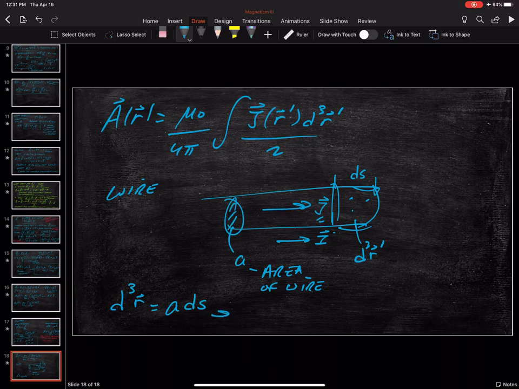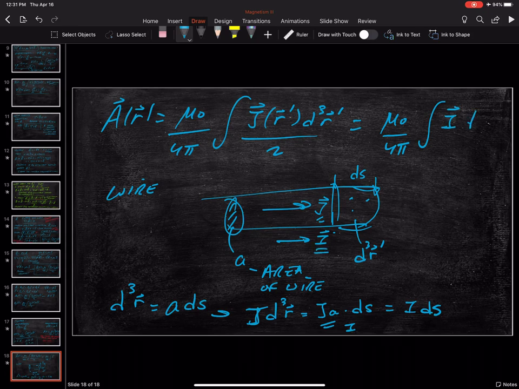And so that implies that my J times d3R is the same as J times a times ds, but J times a, that's just I. So I can write this also as mu naught over 4 pi integral I, where I is the vector of the current, ds over r. ds prime if you like. It's the vector at that point where that current is.